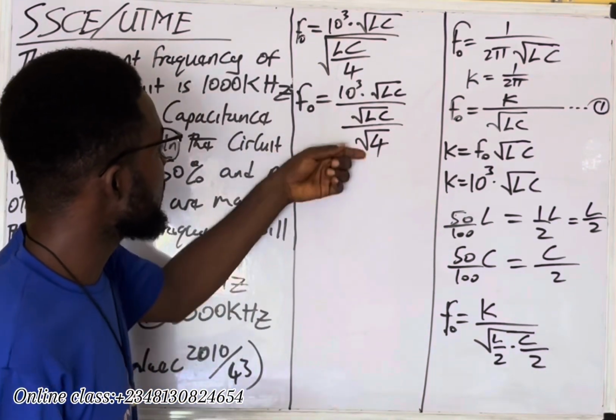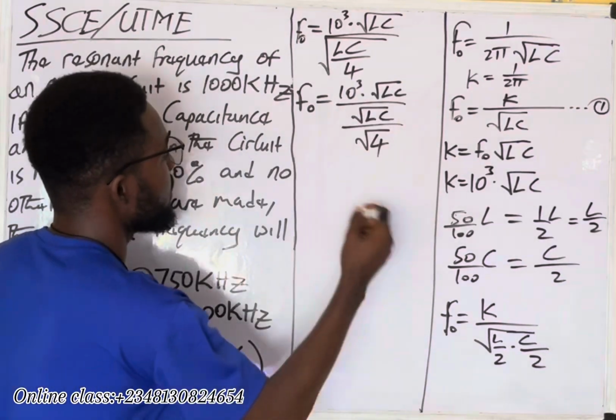This square root of 4 will go up and stand at the numerator.